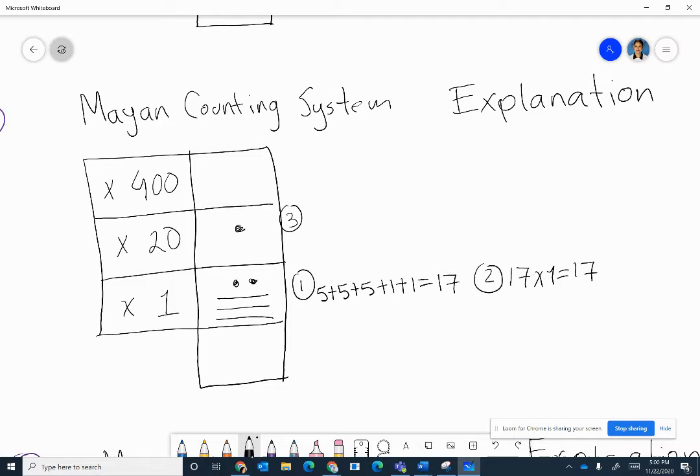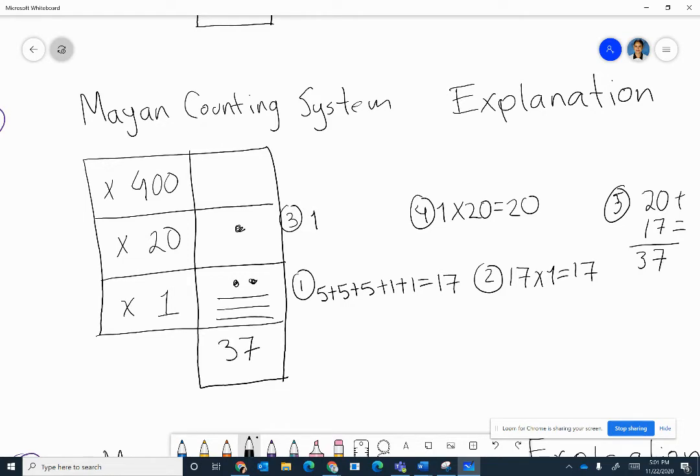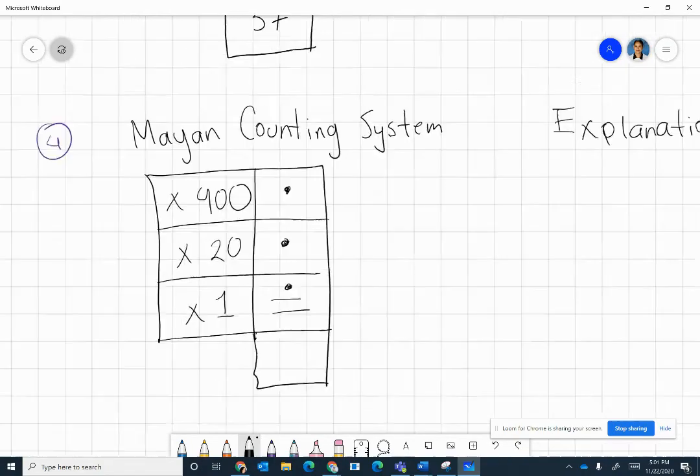On the next level, we have 1 dot, and it represents 1. So 1 times 20 equals 20. And our last step would be adding 20 plus 17 equals 37. So here we have 37.